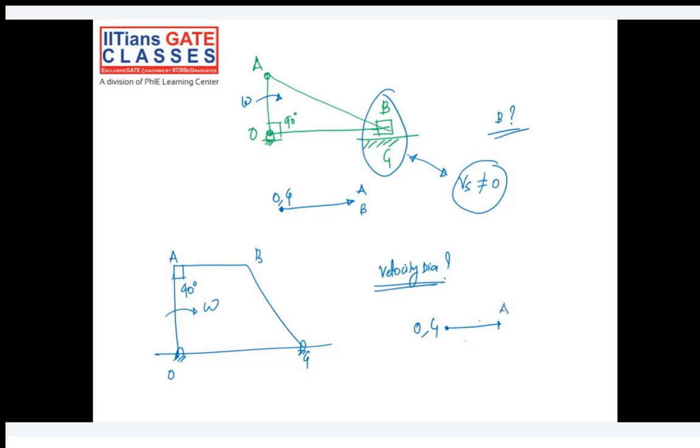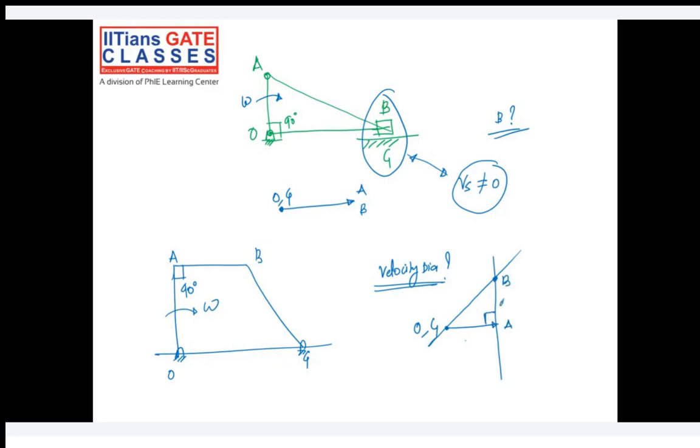AB link will be somewhere here, and BG. From point A we'll draw a perpendicular, and from point G we'll draw a perpendicular, wherever it meets. This is your point B, and this is your point A. So this is your 90-degree angle.